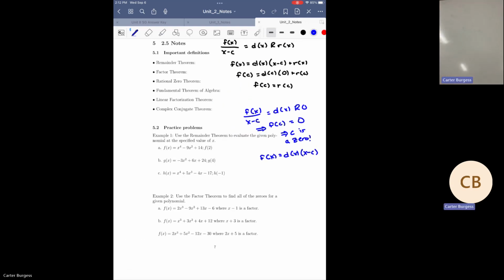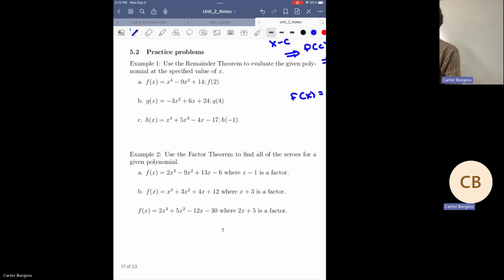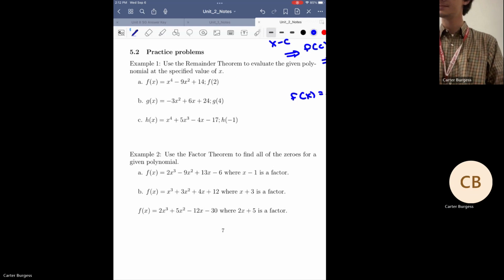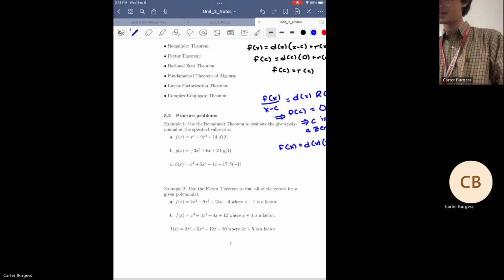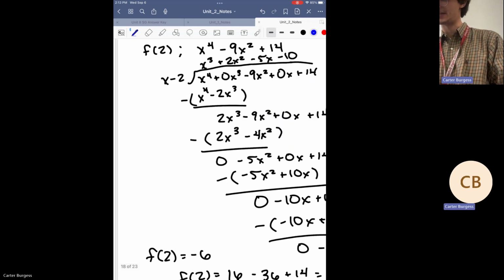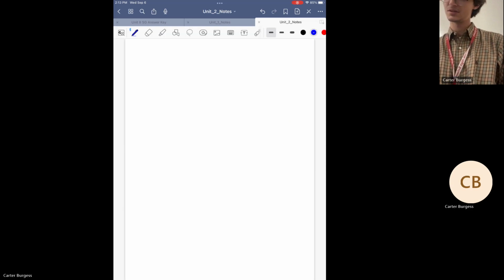Looking at example 2a, we are trying to find not just one zero, but all of the zeros for our polynomial, given that one of them is 1. Or, in other words, given that x minus 1 is a factor of our polynomial. 2, -9, 13, -6.